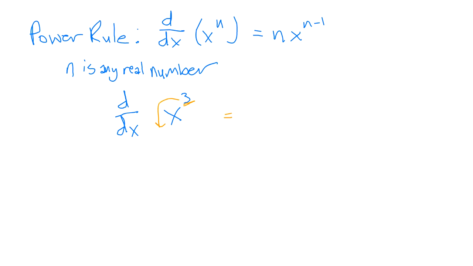So we're going to end up with a 3. We're going to keep the x. And now that we've pushed that down, we're just going to subtract 1 from that exponent. So 3 minus 1 is 2. Therefore, the derivative is just going to be 3x squared.